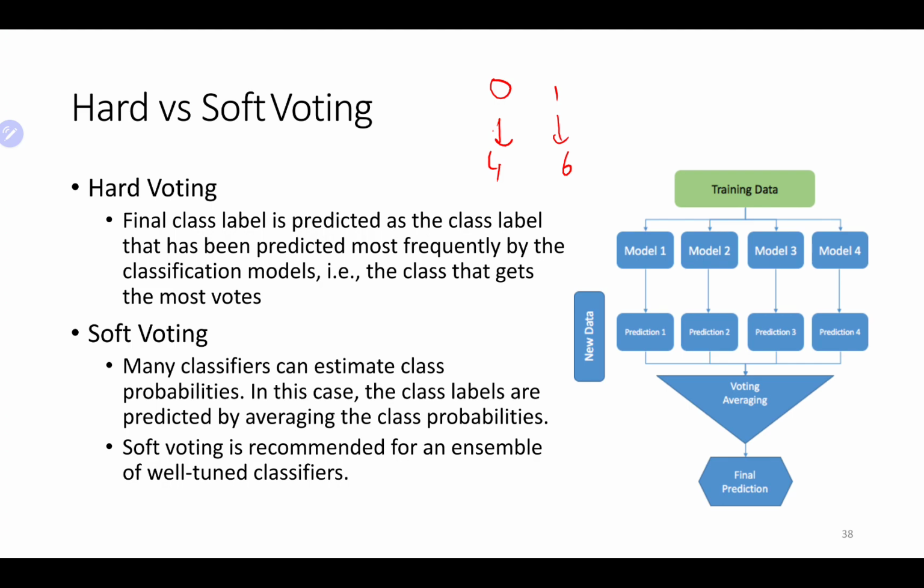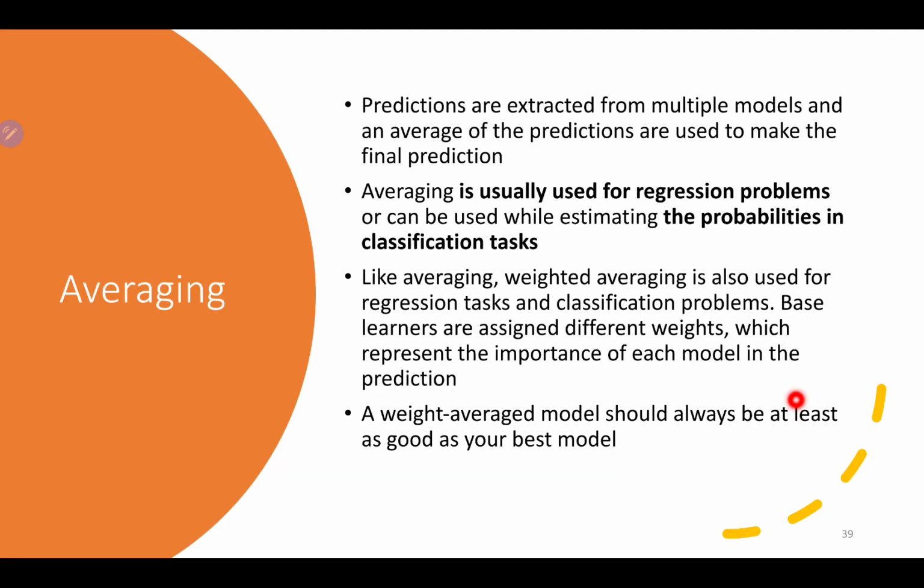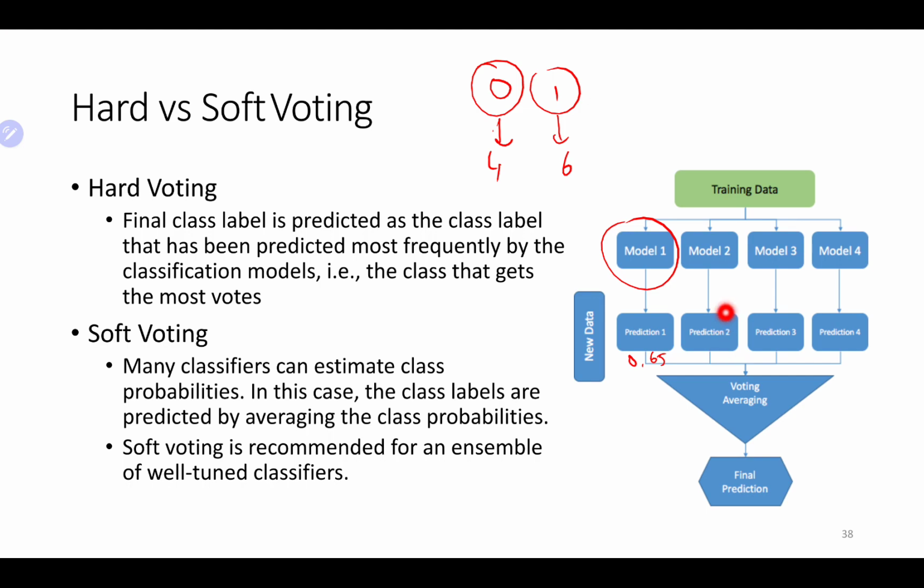The soft voting looks at the probability, so not the class labels directly like this, but rather probability. So the first model in the ensemble, let's say this model, predicted a probability. If there are two classes, right, the probability will range between 0 and 1. So let's say its prediction probability is 0.65. So these are the probabilities that the label is class 1.